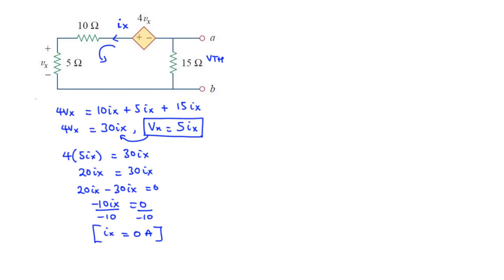Now to find VTH, we are taking the anticlockwise direction, and VTH is equal to the value of the current flowing in this branch times the value of the resistor. Now we have the current flowing through this branch as Ix, and then we are taking the anticlockwise direction opposing this current. So VTH is nothing but negative Ix times 15.